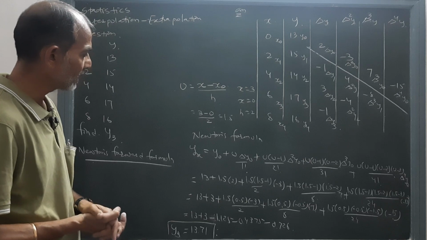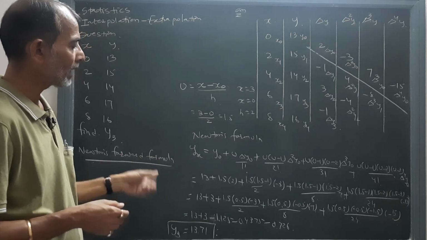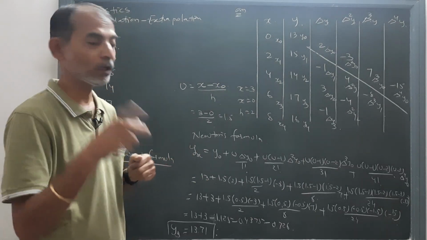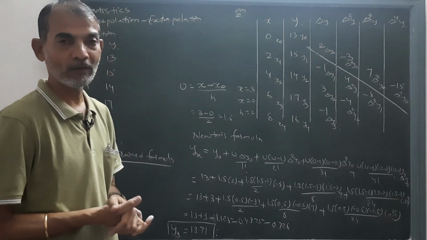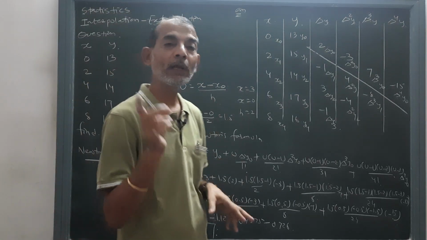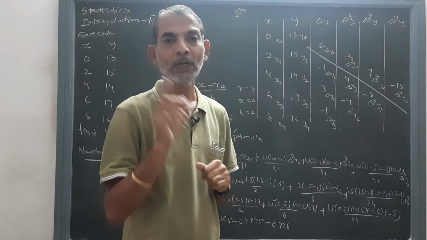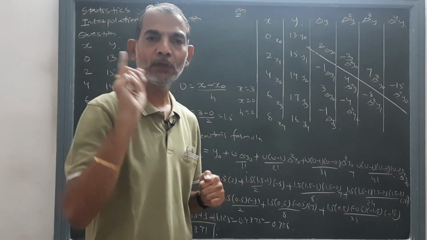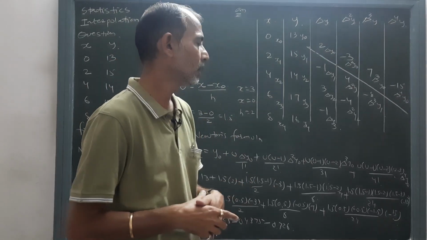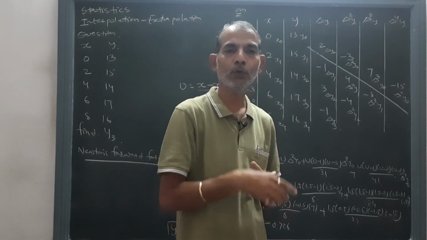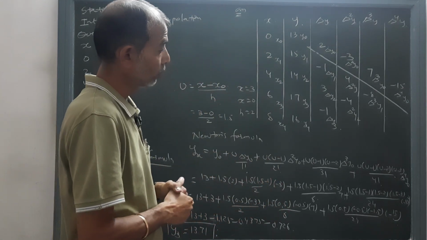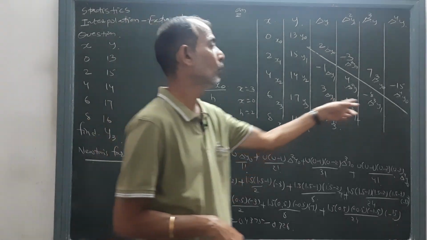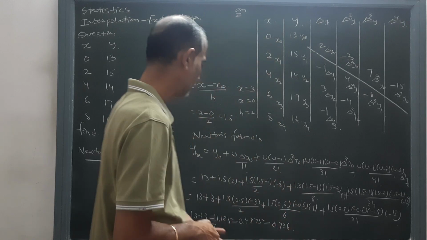Now Newton's formula is yx is equal to y0 plus u delta y0 upon 1 factorial, plus u into u minus 1 upon 2 factorial into delta square y0, plus u into u minus 1 into u minus 2 divided by 3 factorial into delta cubed y0, plus u into u minus 1 into u minus 2 into u minus 3 divided by 4 factorial into delta raised to 4 y0. This formula can be expanded up to the differences.